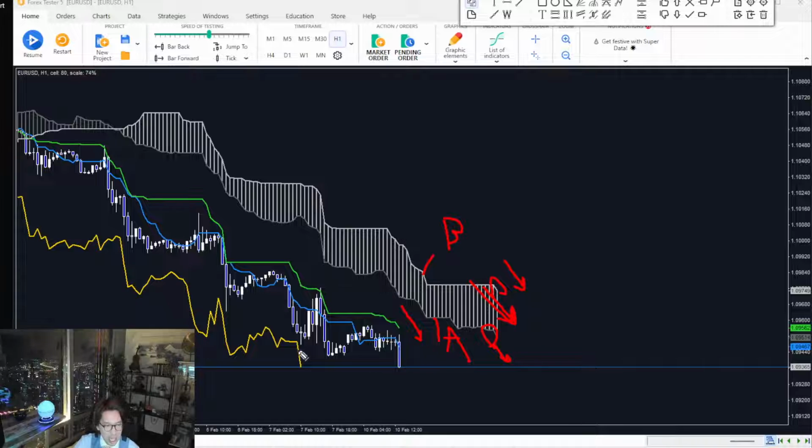Chikou span is away from the candles, and now it's below the candles. So sellers are dominant, based on 4 hour and also this 1 hour. What's more, I can see that the market has been resisted by the Kijun-sen once, twice, 3 times. So I say that this is a stable downtrend right now.